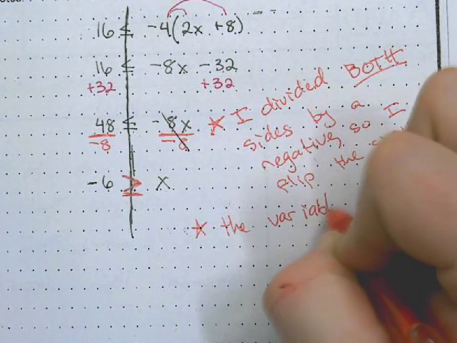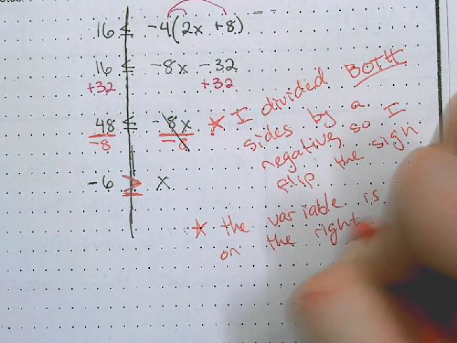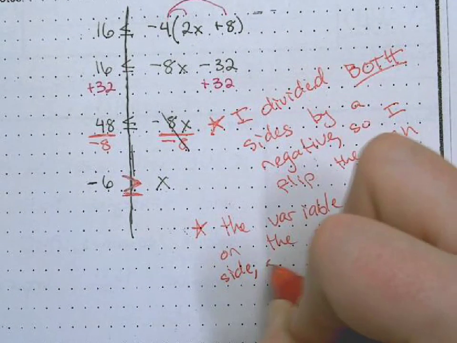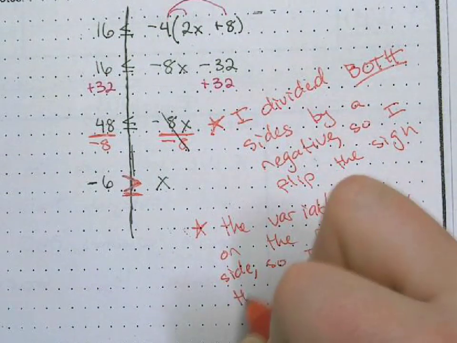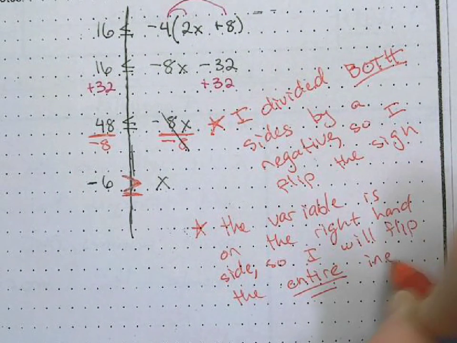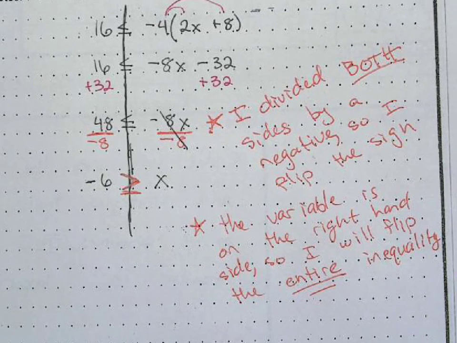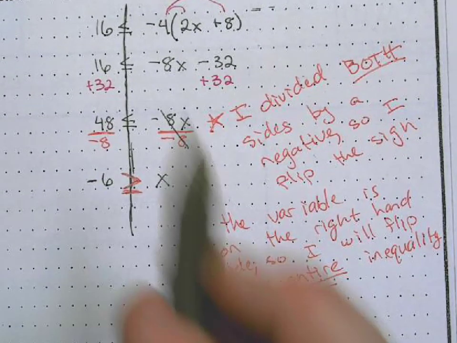So the variable is on the right-hand side, so I will flip the entire inequality. So I'm just going to flip the entire inequality so that x comes first, and then I have to flip everything.